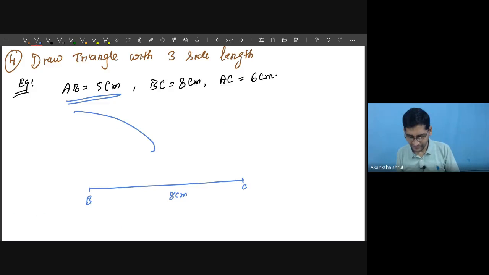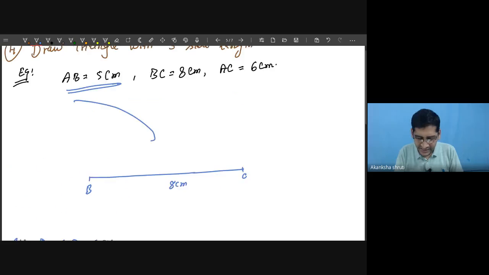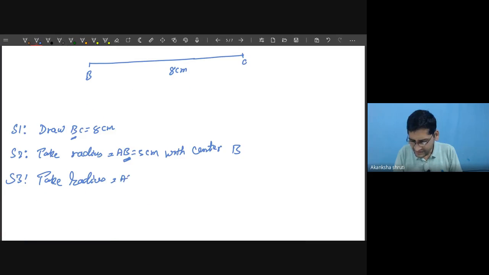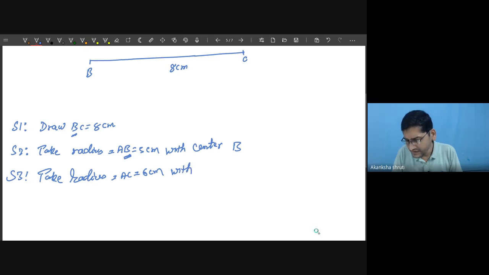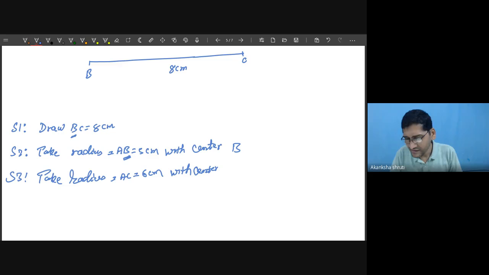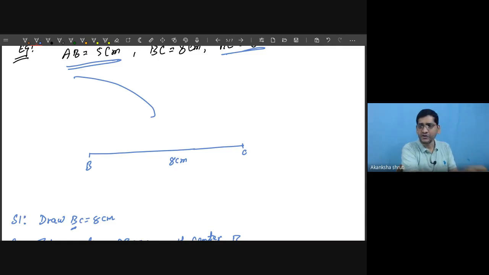Similarly, the step number 3, you have to take the other radius equal to CA or the AC. AC is equal to 6 centimeter with center C. So take this as the 6. How?